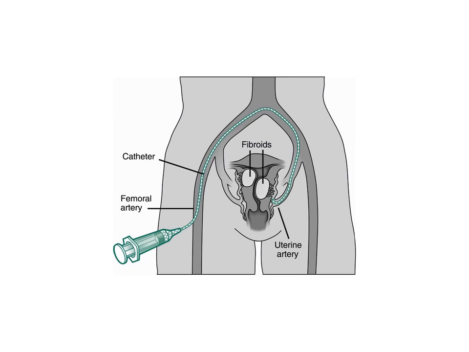As you see, through the femoral artery, a catheter is inserted up through the aortic arch into the common iliac, through the common iliac into the internal iliac, and then into the uterine arteries, where these arteries can be embolized. And of course, these are the feeding vessels for the fibroid.